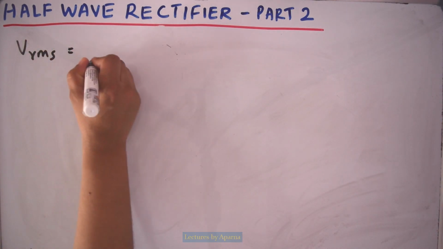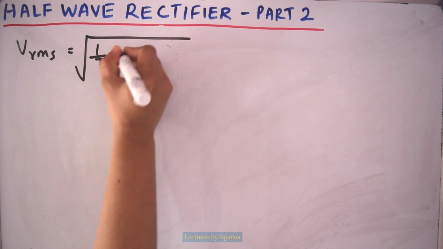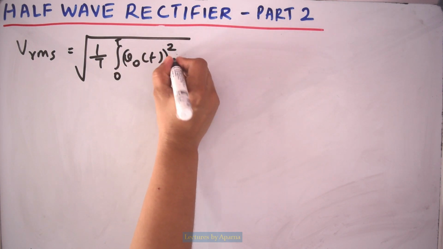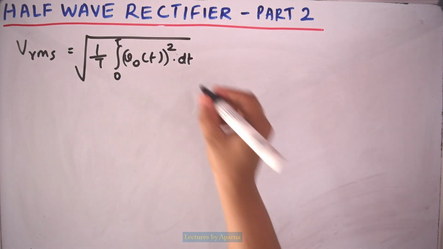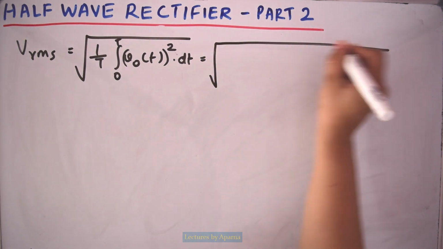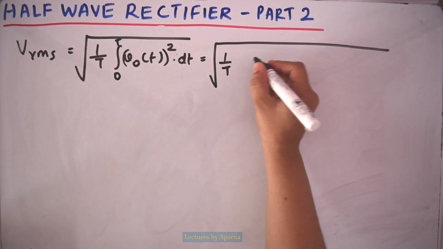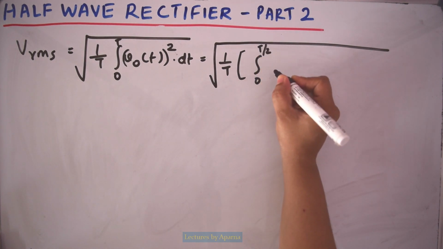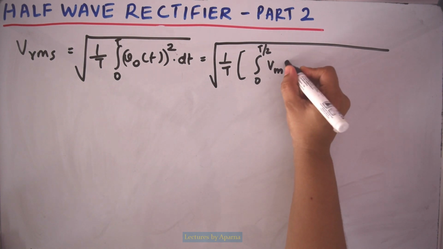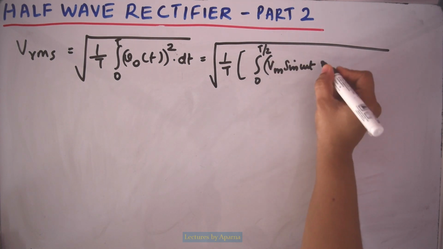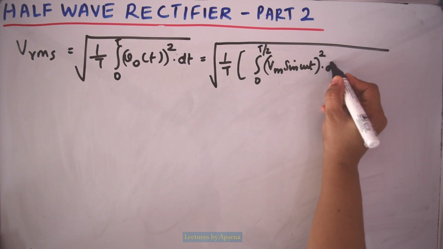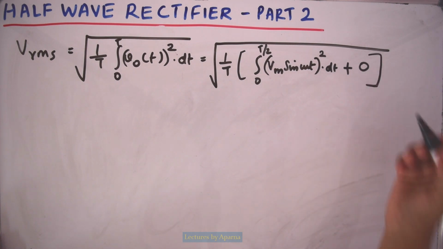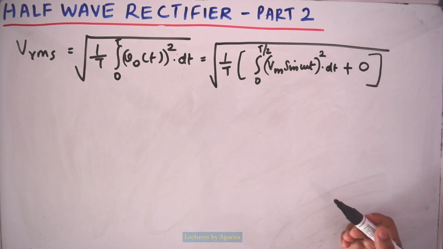VRMS is given by the equation root of 1 by T integral 0 to T V0 of T the whole square dt, which will be equal to square root of 1 by T into integral, also splitting from 0 to T by 2, its value is Vm sin omega t, but it is squared here, so square dt, plus 0. The next part will be 0 because the value of the output voltage is 0 there.